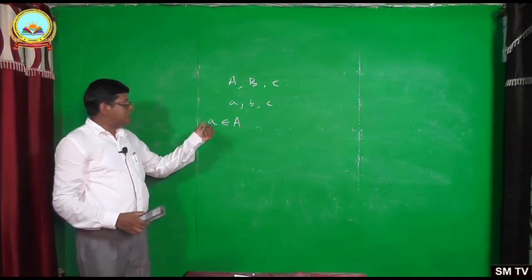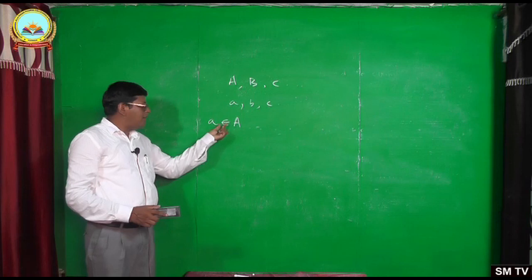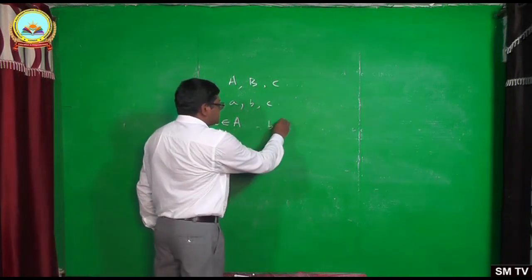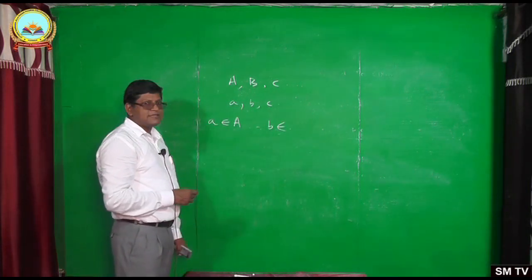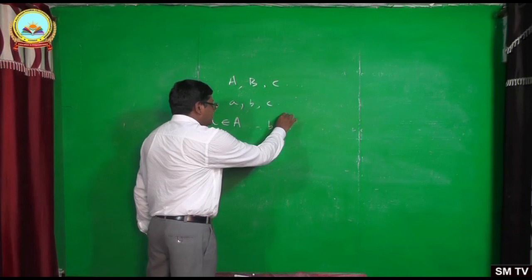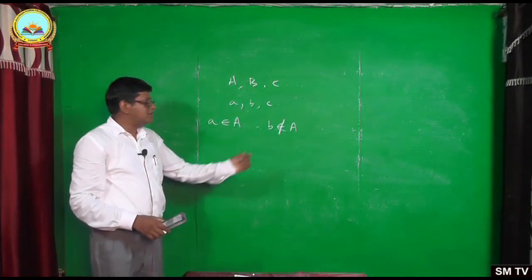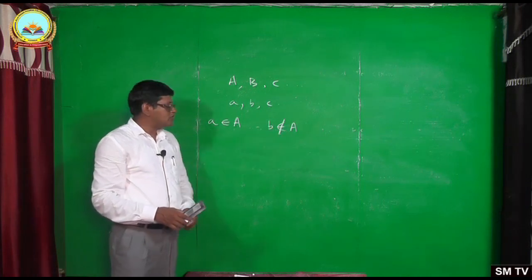This is read as a is a member of the set A, or a belongs to the set A. If b is not an element of the set A, then we write that like this: b does not belong to A. This symbol denotes 'does not'. b does not belong to A.